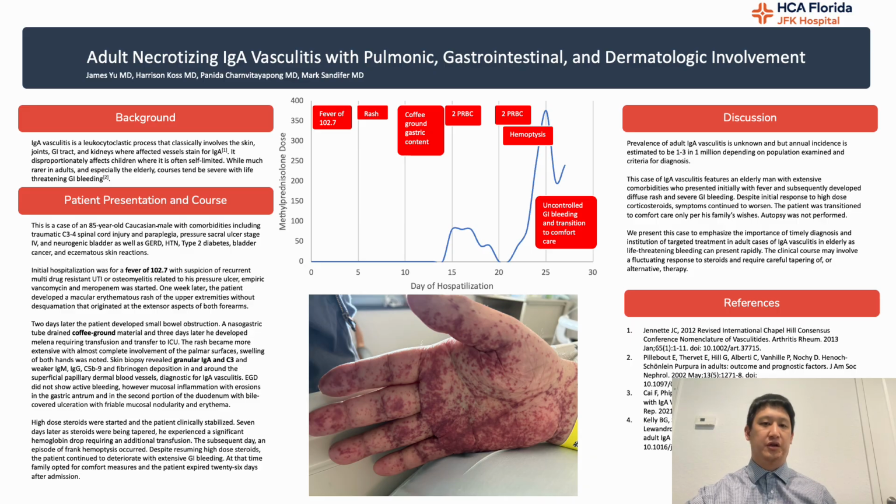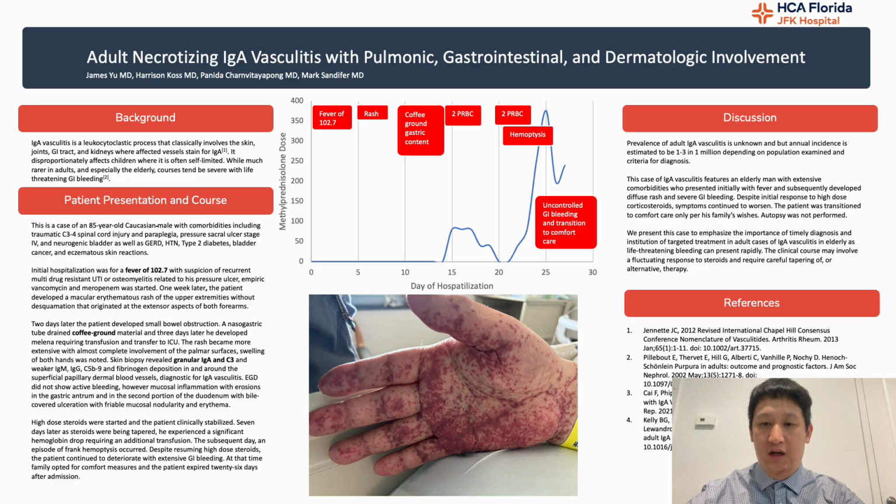However, the patient continued to deteriorate due to extensive GI bleeding with very significant melena, and at this time, his family opted for comfort measures, and the patient expired 26 days after admission due to asystole secondary to acute hemorrhage.